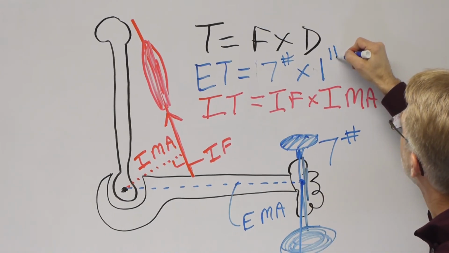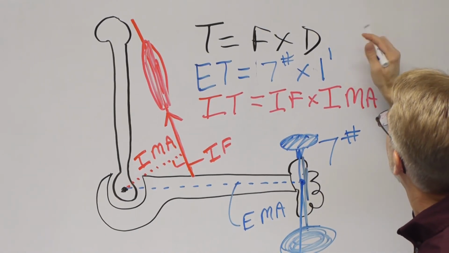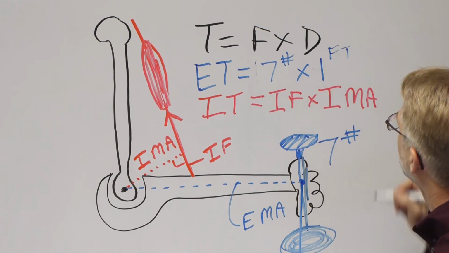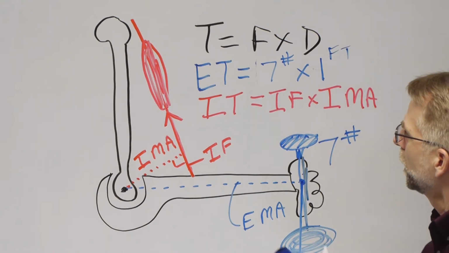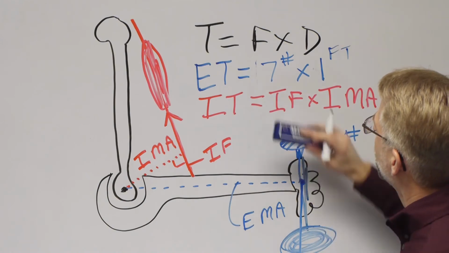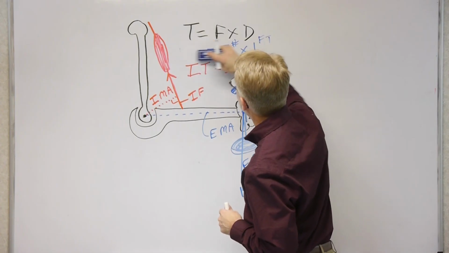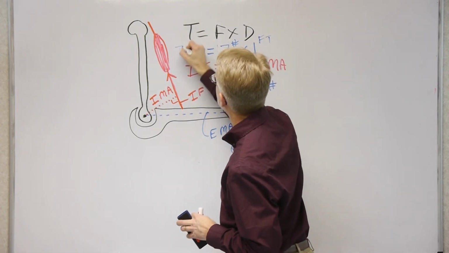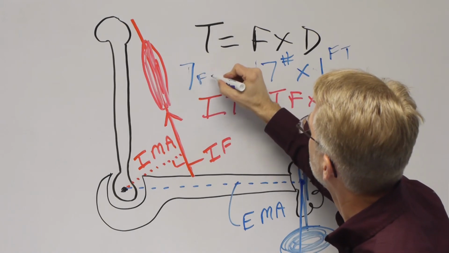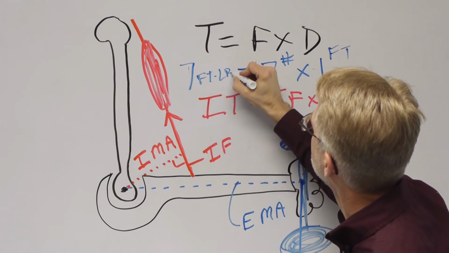I like easy numbers. Okay, 1 foot. All right. And so that is going to produce then an external torque of 7 foot-pounds.